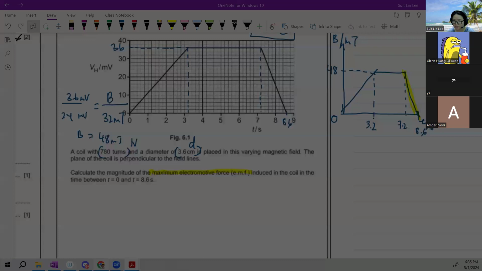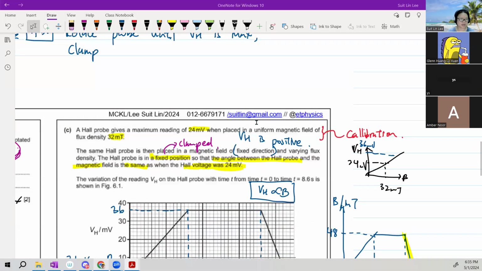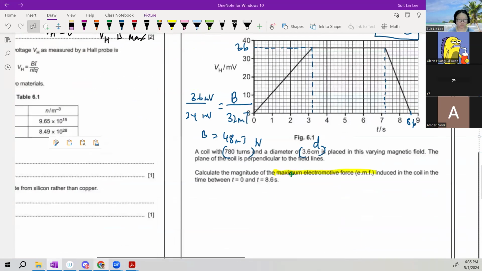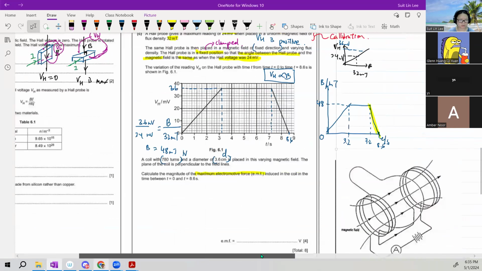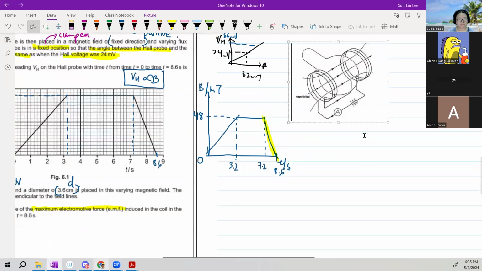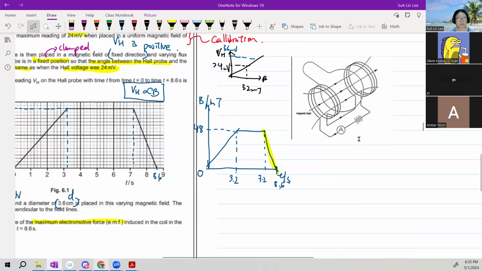Okay, so step 1. At this position, they put a Hall probe here. Let me zoom out a bit and arrange my screen a bit so you can see. So step 1, they take the Hall probe, they put it here, and then they get the VH graph.